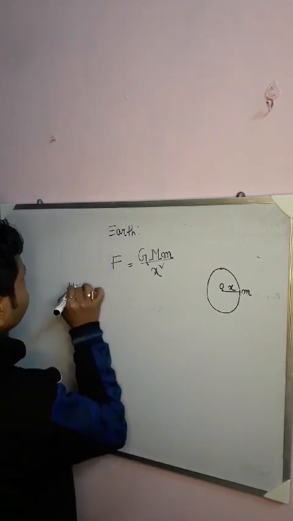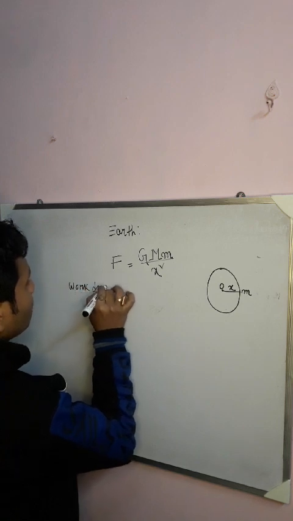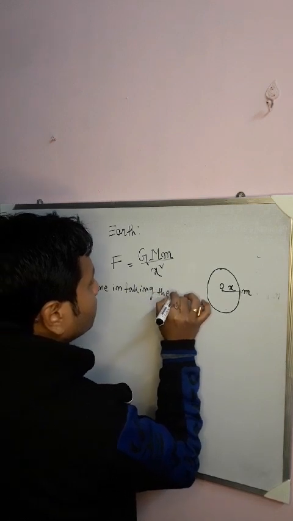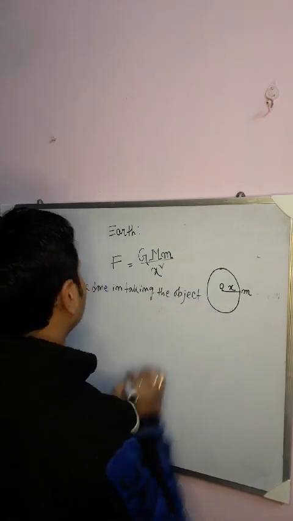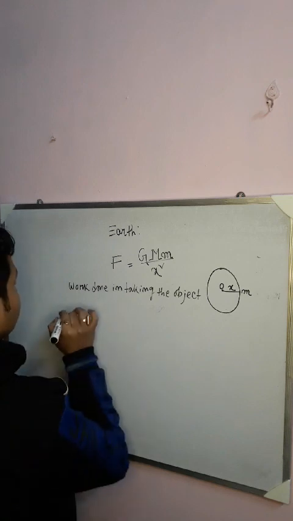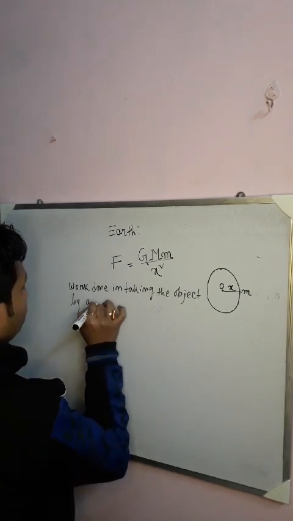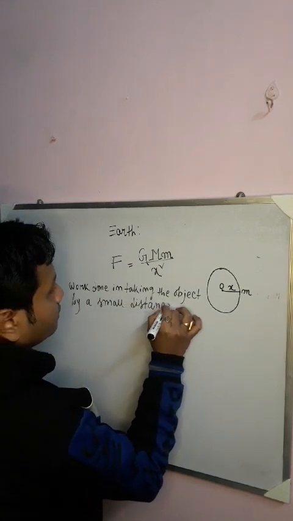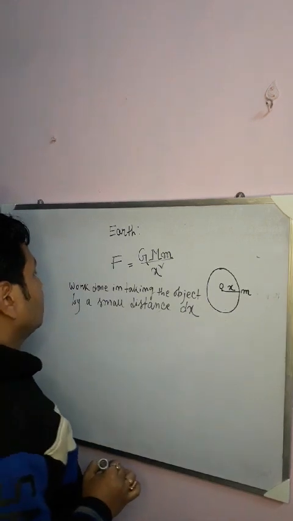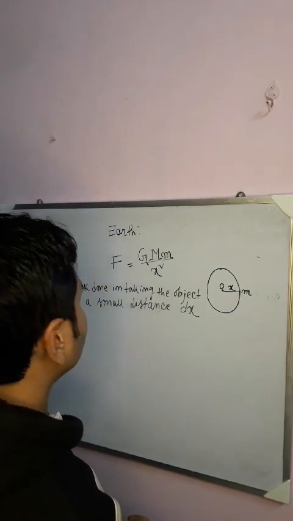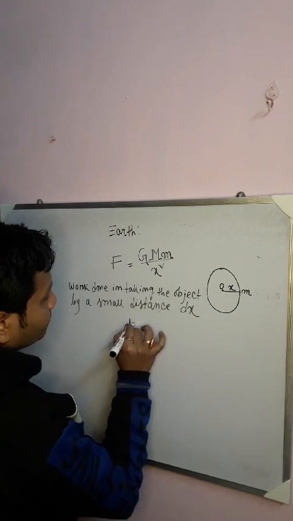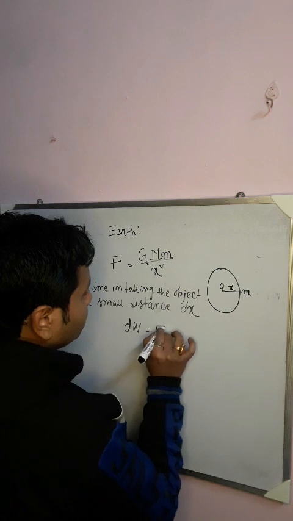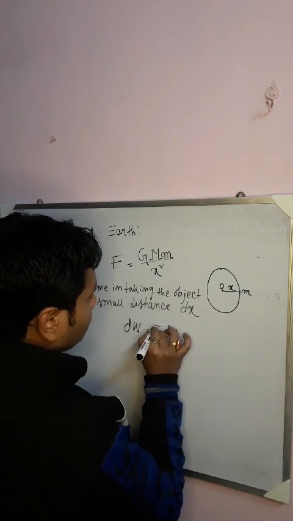The work done in taking the object by a small distance dx, if it is dW, is simply F into dx.